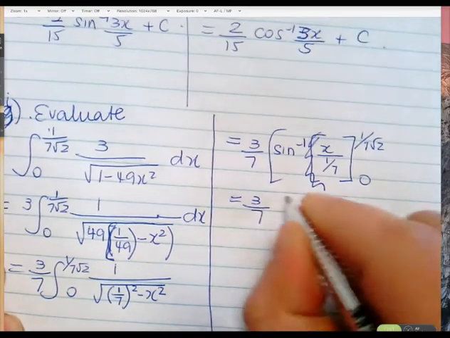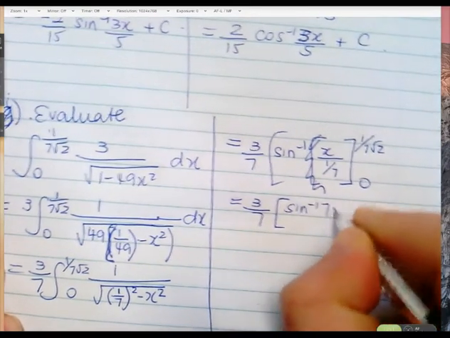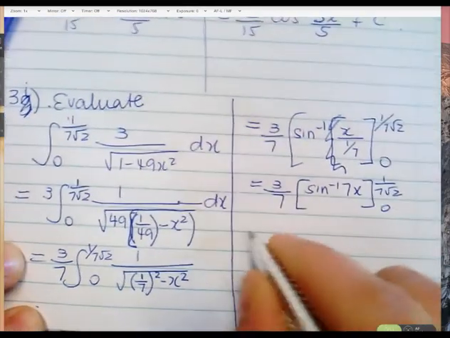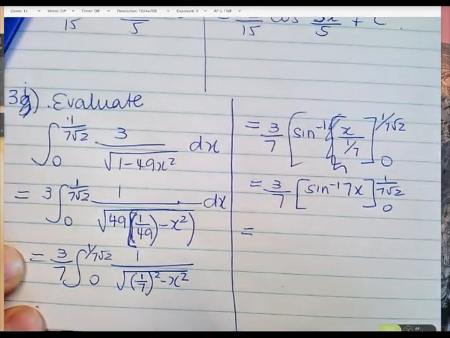Probably to save some time, you may as well write that as 7x to start off with. 1 on 7 root 2 and 0. Okay, are we good?